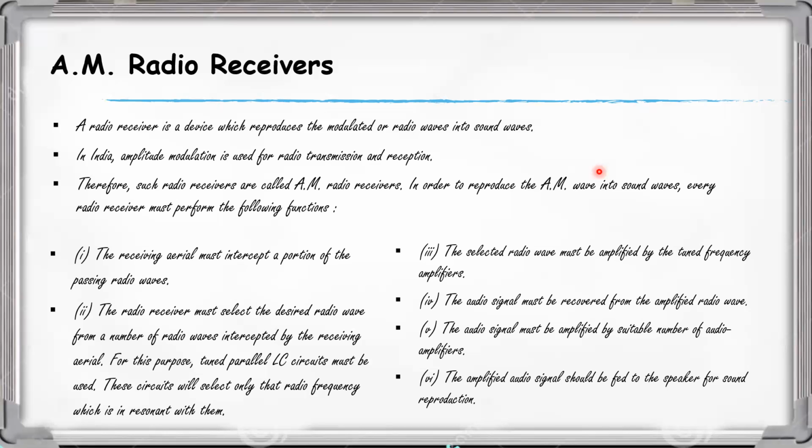Using the demodulation circuit, we can obtain the audio signal from the radio wave, and the audio signal is further amplified using audio amplifiers, and the amplified audio signal is fed into the speaker for sound reproduction. These are the main functions of an AM radio receiver.